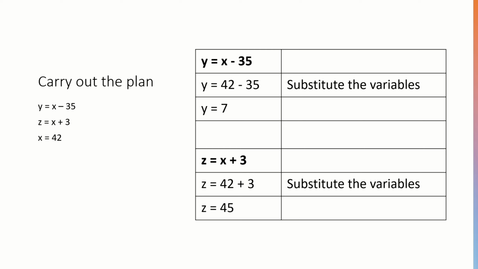So Lucy's age is 7 years old. And next, we will find Mark's age, which is z equals x plus 3. Now, we substitute the variable x, so we'll get z equals 42 plus 3. Okay, 42 plus 3 is 45, so Mark's age is 45.